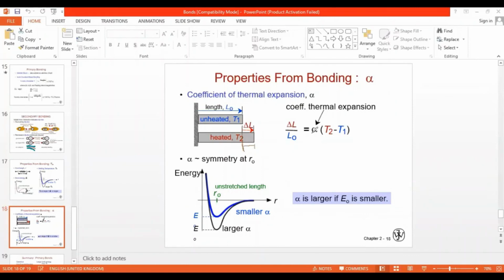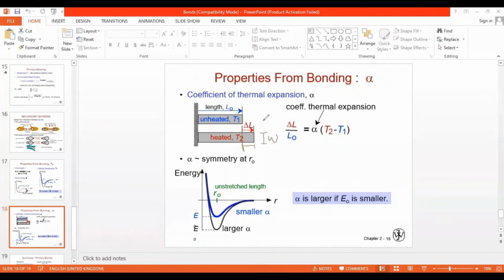So it is alpha times delta theta, or T2 minus T1, the temperature difference: the temperature after heating and before heating. This gives you the increase in length. If you know the temperature and alpha, you can use this equation to find how much the length has increased.